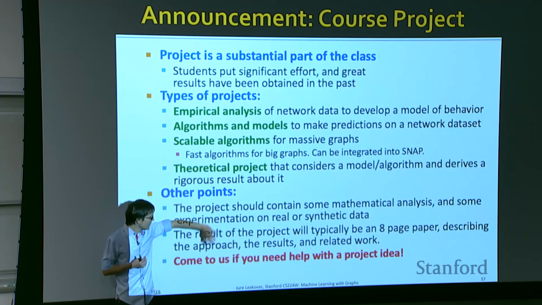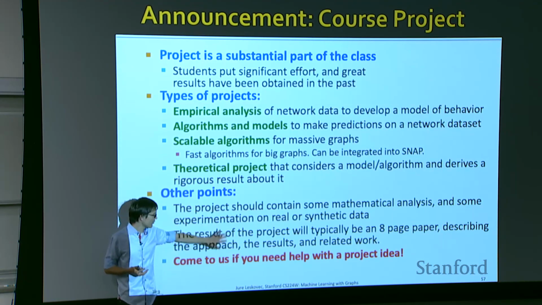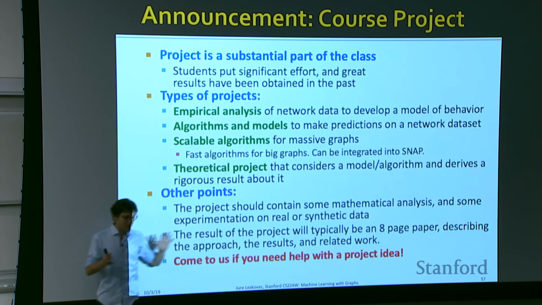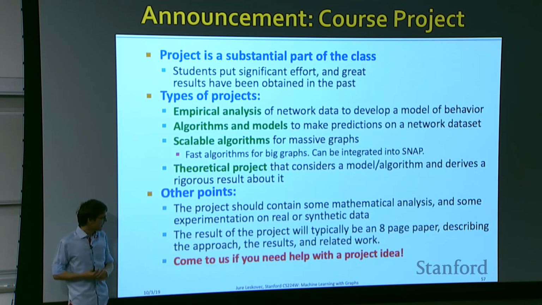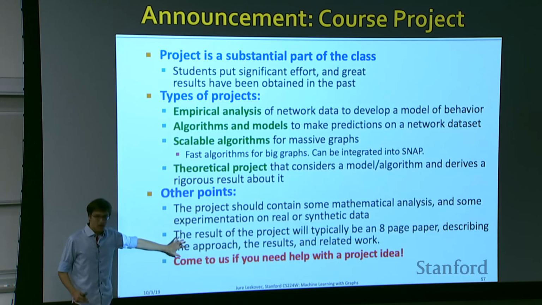Many times projects are a combination of some mathematical analysis plus some experimentation on data. Results of the projects typically end up as a write-up paper. Many of these papers are actually published at conferences.